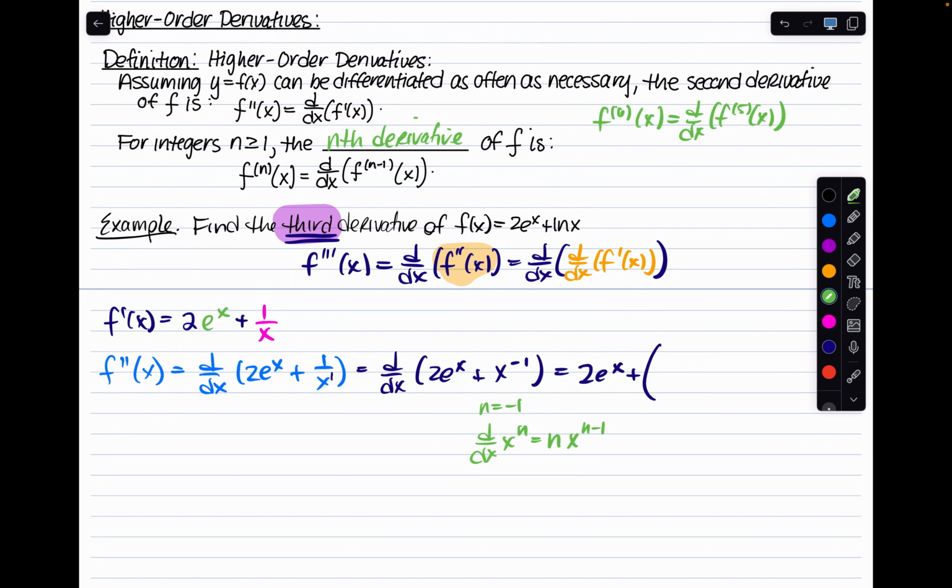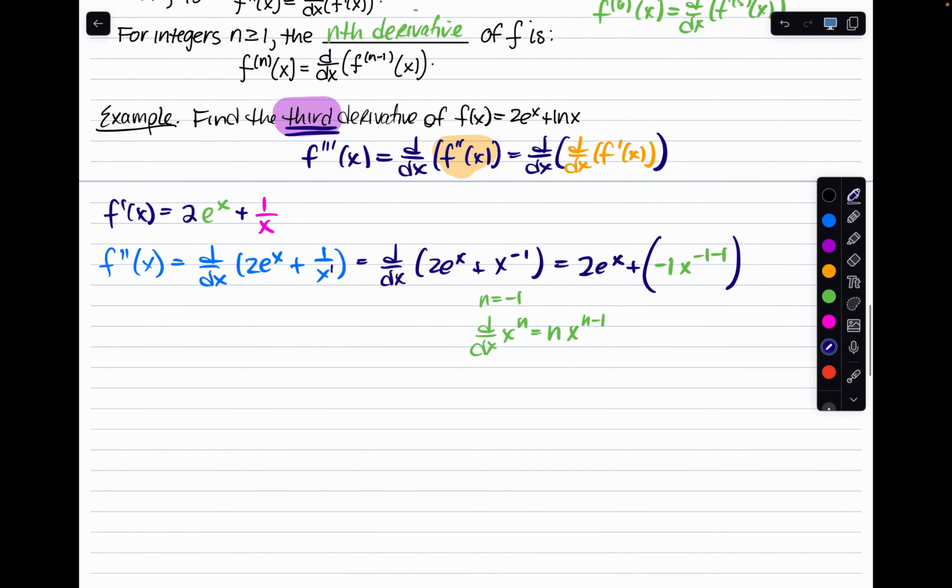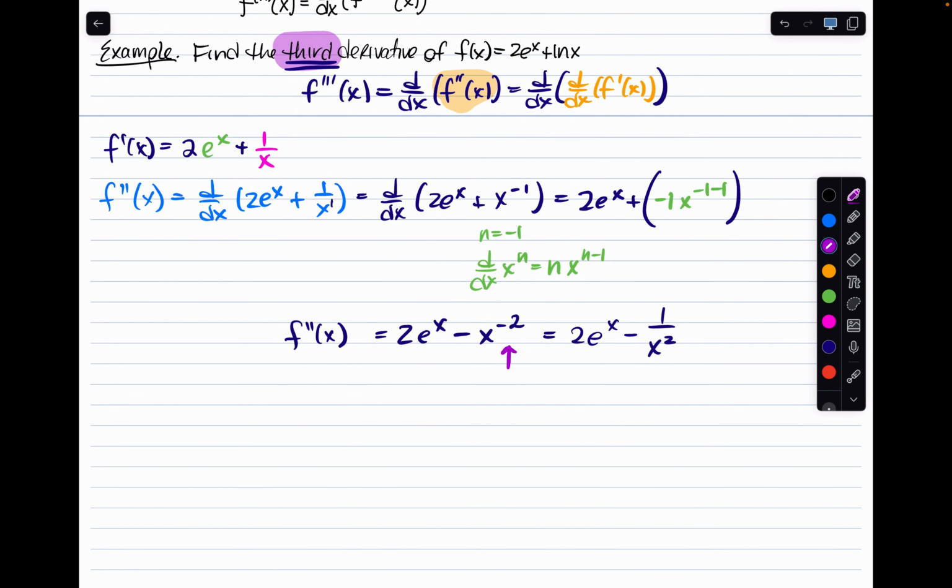It must come down out in front, and then I must subtract 1 from the negative 1 in the exponent to complete my second derivative. In this case, f double prime is 2e to the x minus x to the negative 2. You can rewrite this as 2e to the x minus 1 over x squared if you really want to, but knowing we have to take the third derivative, we're going to leave it like that.